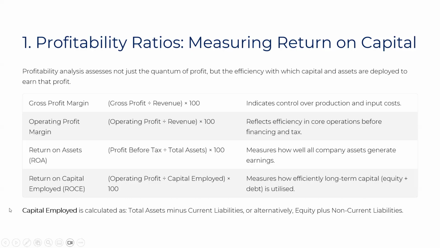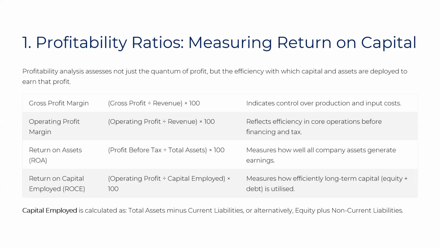The return on capital employed, which is what we popularly call ROCE, is operating profit divided by capital employed. And your capital employed is your equity plus non-current liabilities. So equity is shares or contribution from shareholders.